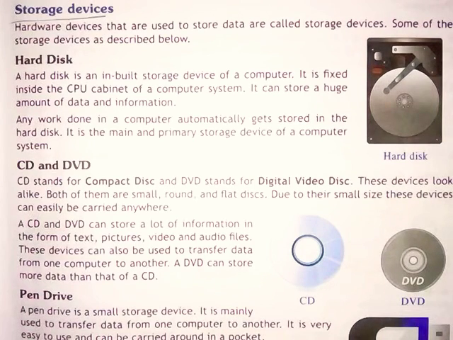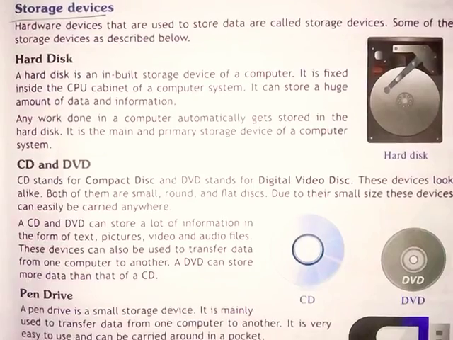A CD and DVD can store a lot of information in the form of text, pictures, video and audio files. These devices can also be used to transfer data from one computer to another. A DVD can store more data than that of a CD.